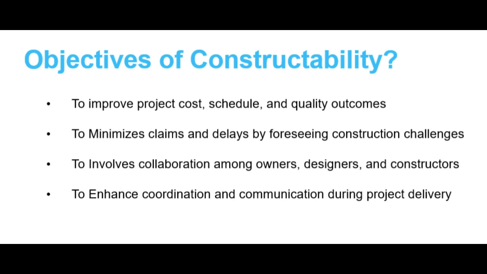The third one is enable collaboration. It's a very important objective. Unite owners, designers, constructors, and all stakeholders from the starting of the work to the ending of the work. So collaboration plays a crucial role in project administration, collaboration and coordination also.